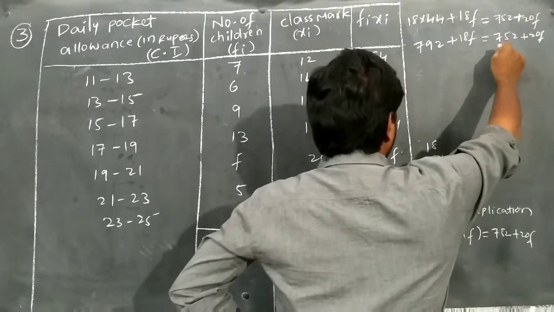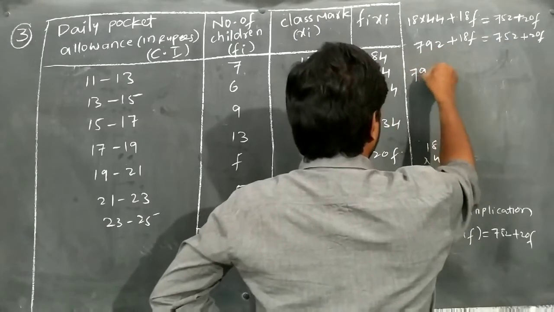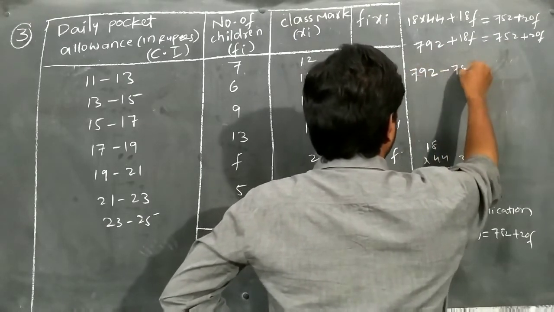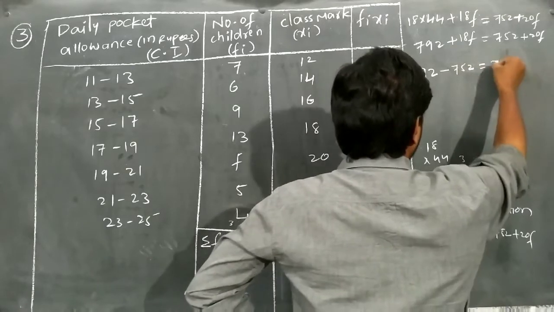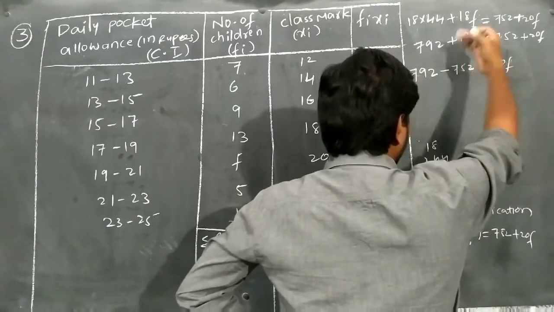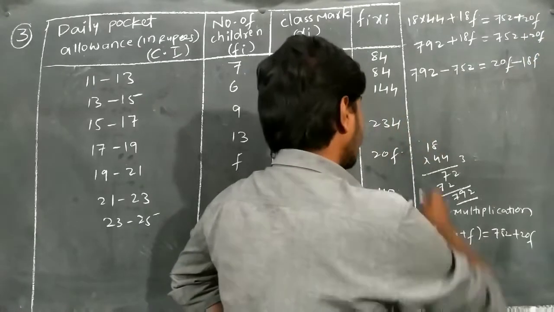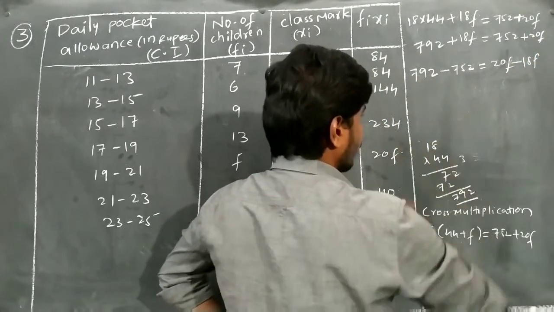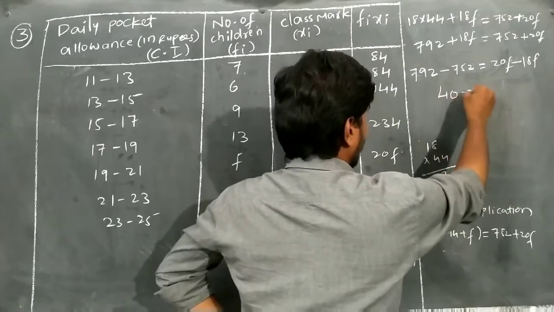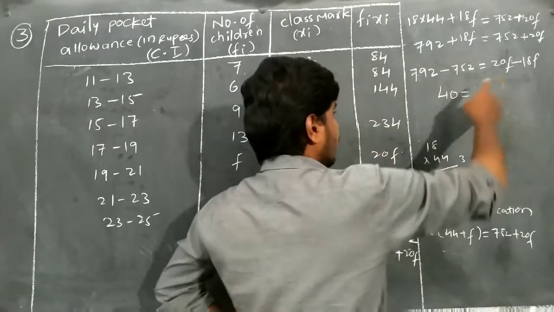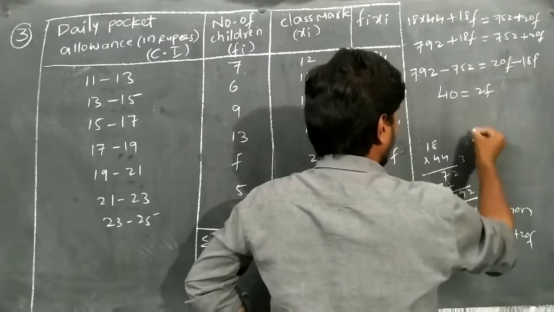So bring this 752 to the LHS, 792 minus 752 is equal to 20f, bring this 18f to the RHS. Now 792 minus 752 becomes 40 is equal to 20f minus 18f, 2f.